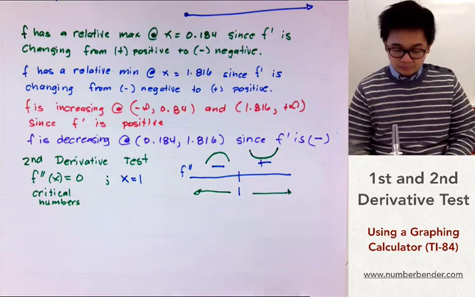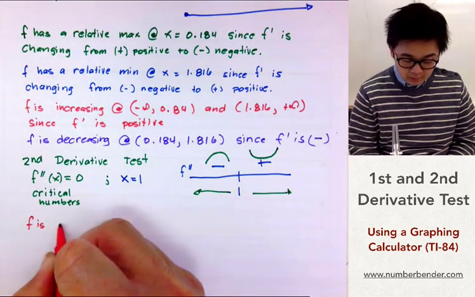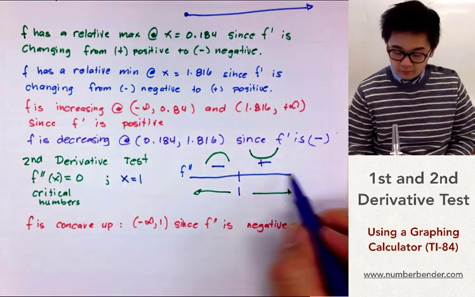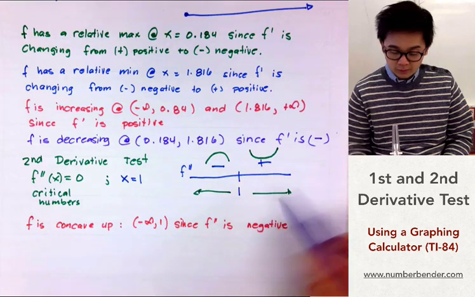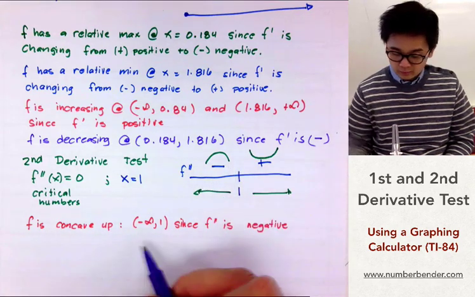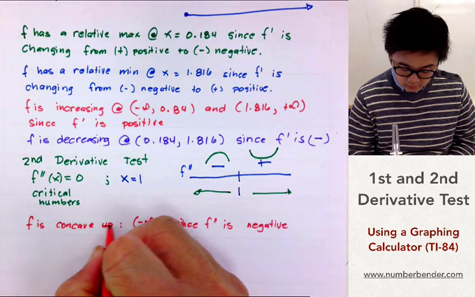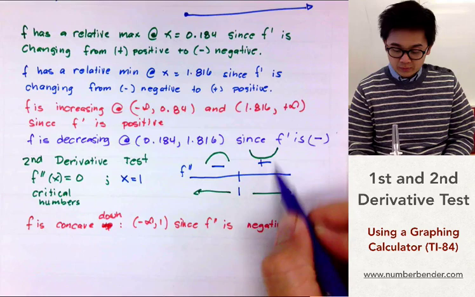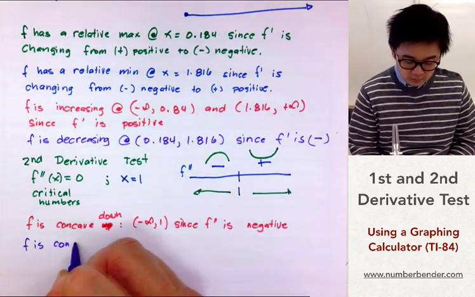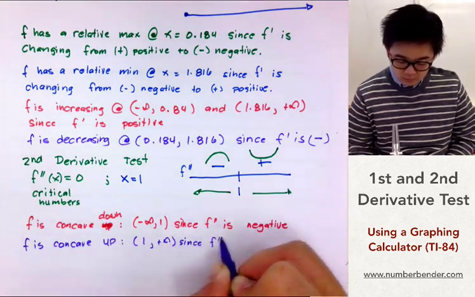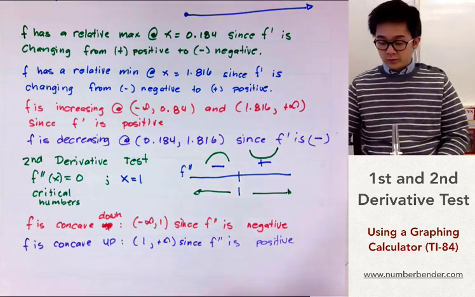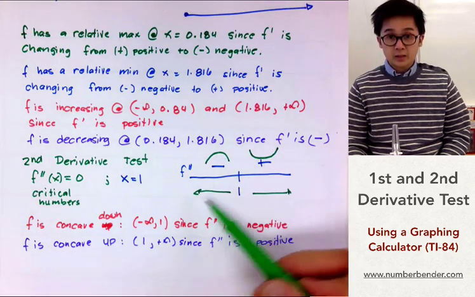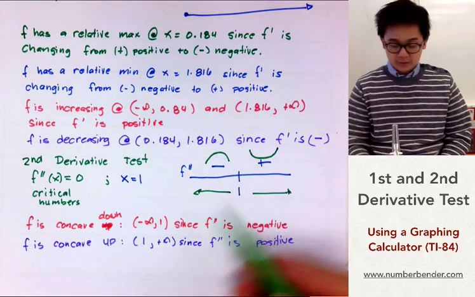So to write our answer, f is concave down, and concave up since it's positive. And also, we know that the point of inflection exists because the concavity is changing from negative to positive at x equal to 1.